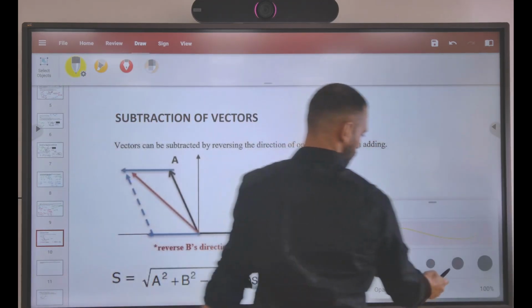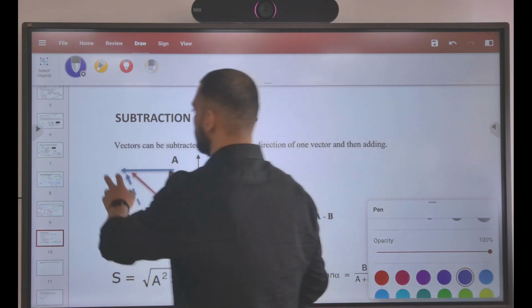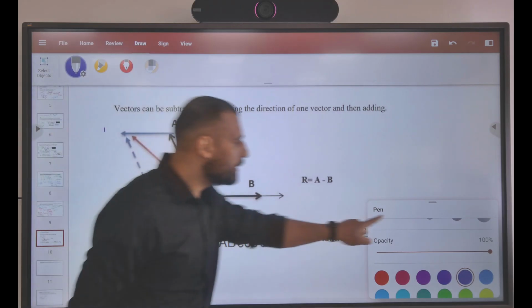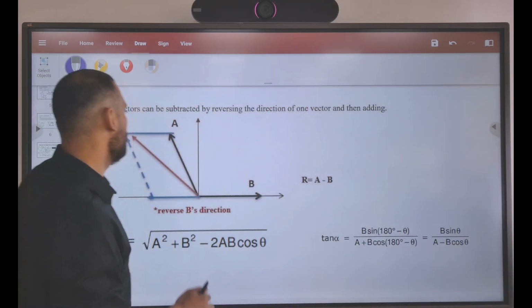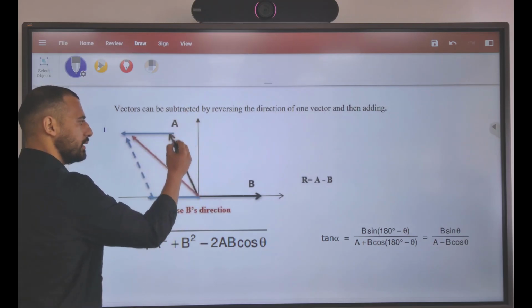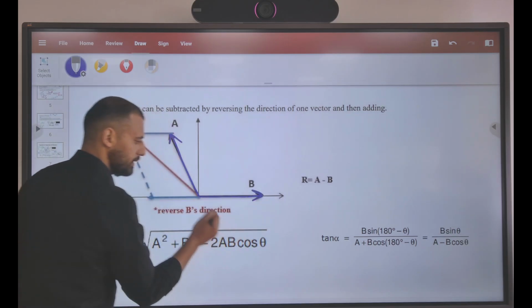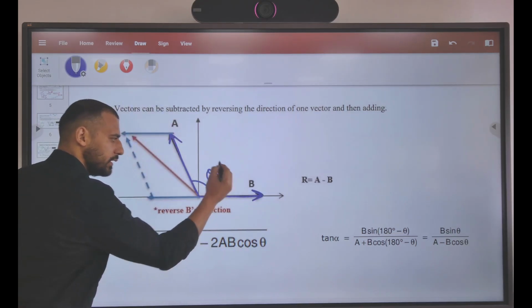See what we do. When we talk about the concept of subtraction in the case of vectors, for example, there are two vectors. There is a vector A and then there is a vector B, such that the angle between them is theta, okay?